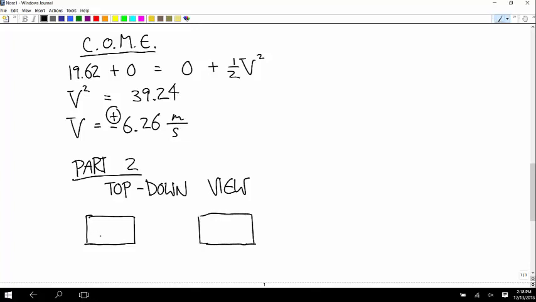On the left is the 1 kilogram cart that's coming in with a velocity of 6.26. On the right is the half kilogram cart that has 0 velocity before the collision. The coordinate system I'm going to use has the x-axis in the direction of motion. So that makes it easy to represent that as a velocity vector.